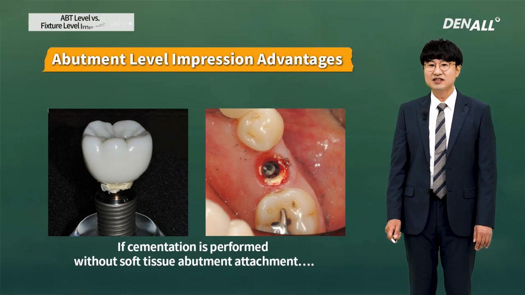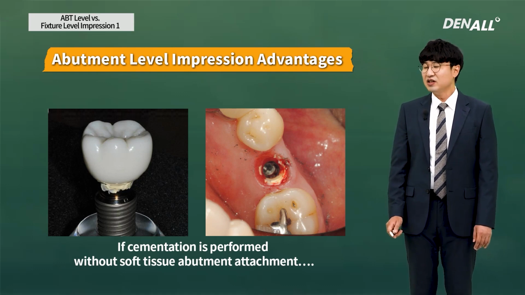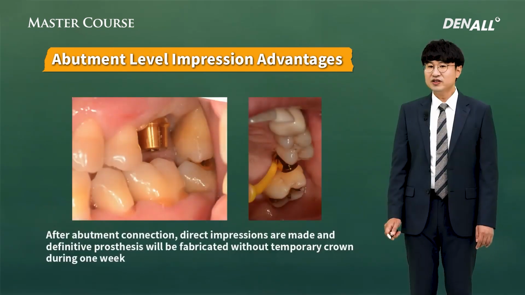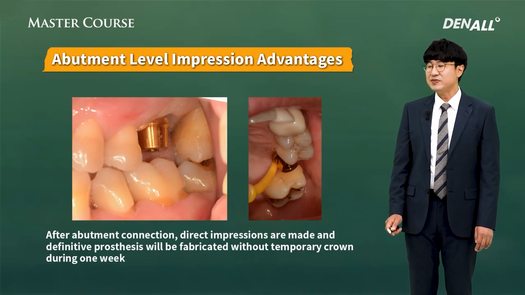As soon as the abutment is connected, if the crown is cemented, then cement spilling subgingivally becomes likely. It's an observation with incision, so it's not direct evidence, but the attachment between soft tissue and the abutment seems to require some time. After connecting the abutment, we take a direct impression, and while the final prosthesis is made without a temporary, the abutment stays in the mouth.